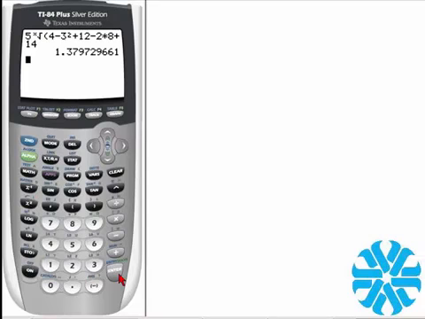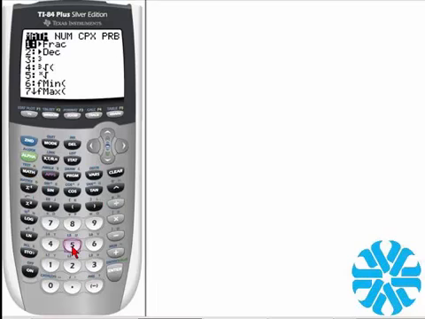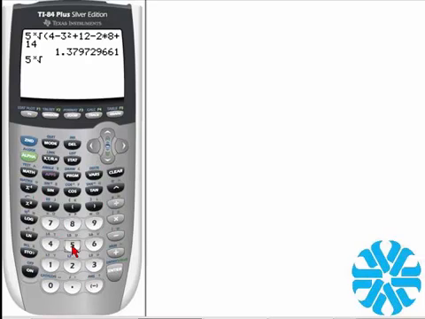Okay? Now, if you want to take out the leading parenthesis right here and do the computation, we're going to get a different answer. So let's do that. We're going to take the fifth root, hit the math button, number 5, and we're going to put in 4 minus 3 squared plus 12 minus 2 times 8 plus 14.